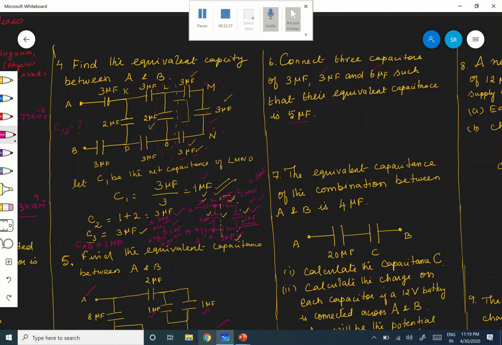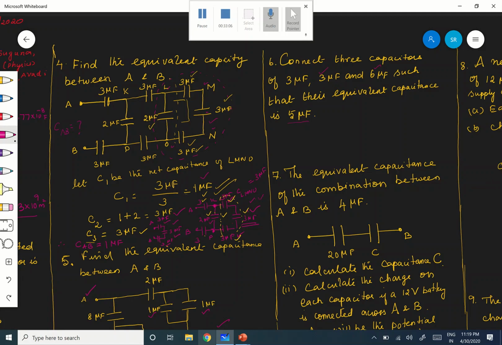Can you have them in series? 3 and 6 in series. Then the final one, the next one, will be in parallel. Therefore, 3 and 6 will be in series and that is in parallel.